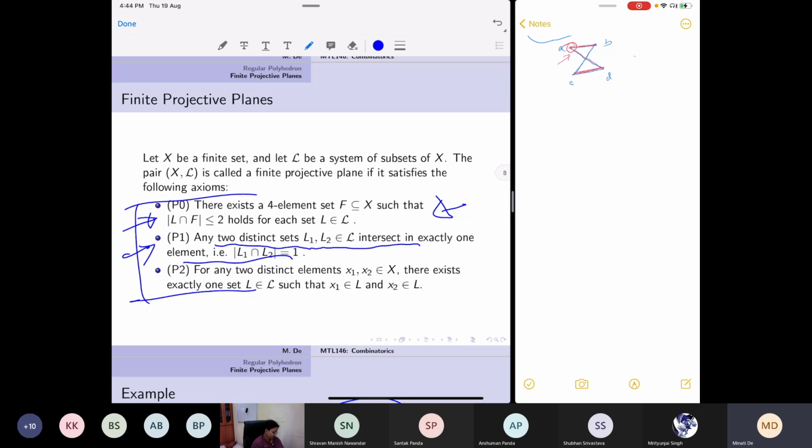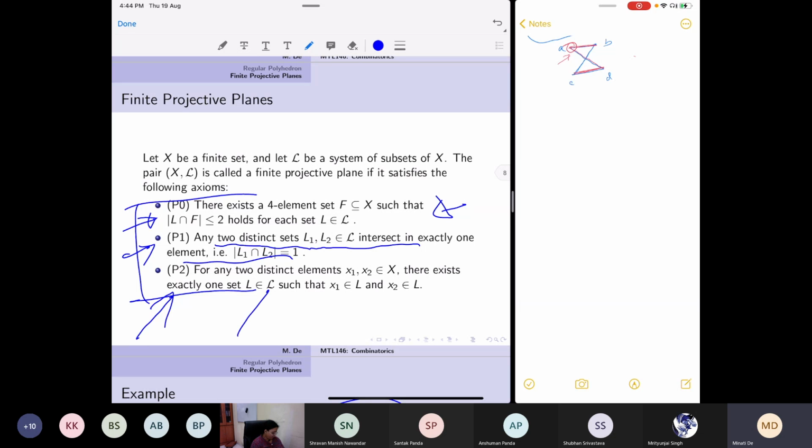The dual of this statement is that any two distinct elements pass through exactly one line. That is exactly P2, which we know is already true in the original plane. So we don't need to prove anything extra.